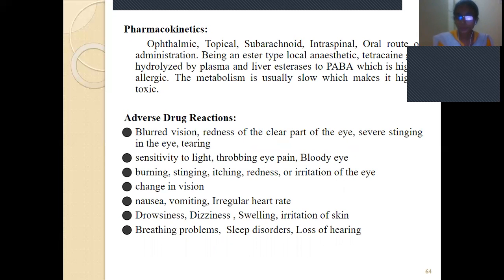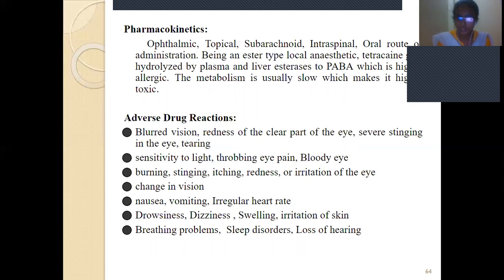Tetracaine gets hydrolyzed by plasma and liver esterases to para-aminobenzoic acid, which is highly allergic in nature. The metabolism is usually slow, which makes it highly toxic. When it undergoes metabolism in the liver, it turns into PABA, so it is more allergic in nature.